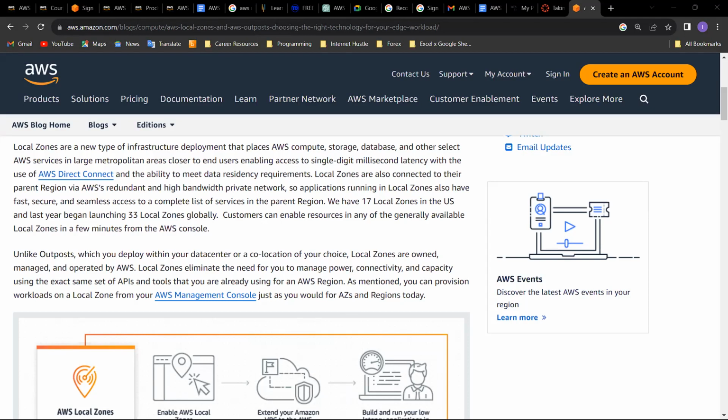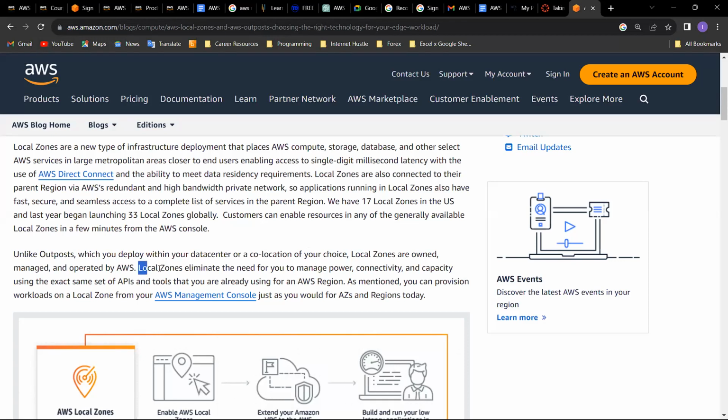In that context, I feel like local zones work best, because with Outpost you still have an on-prem data center and you are still going to use your own internet connection for that communication. No, with Outpost, AWS will give you everything.